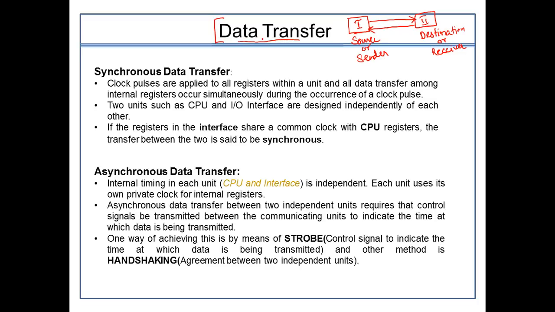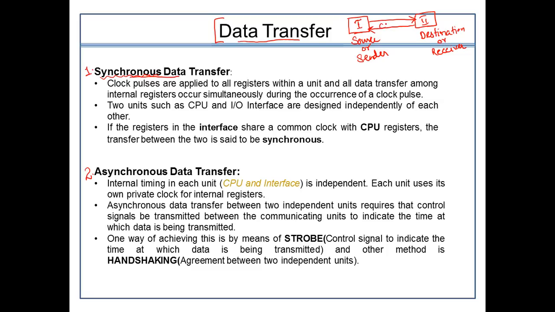On a broader level, data can be transferred in two ways. One is synchronous data transfer. What happens in synchronous data transfer? As the name implies, a sync is required.